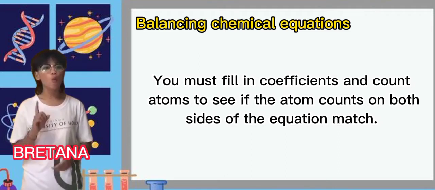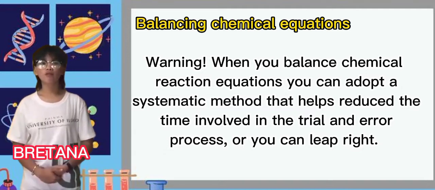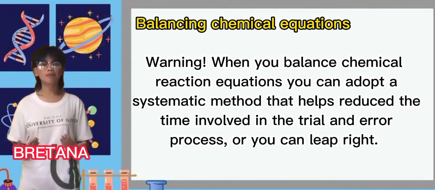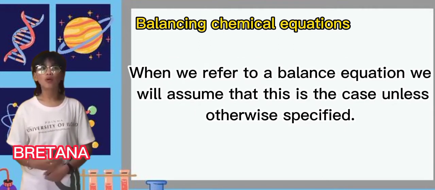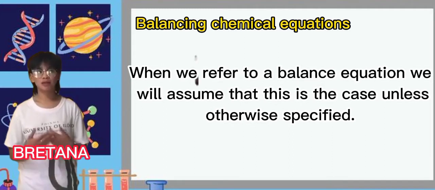Warning! When you balance a chemical reaction equation, you can adopt a systematic method that helps reduce the time involved in the trial and error process. Or you can leap right in. When we refer to a balanced equation, we will assume that this is the case unless otherwise specified.